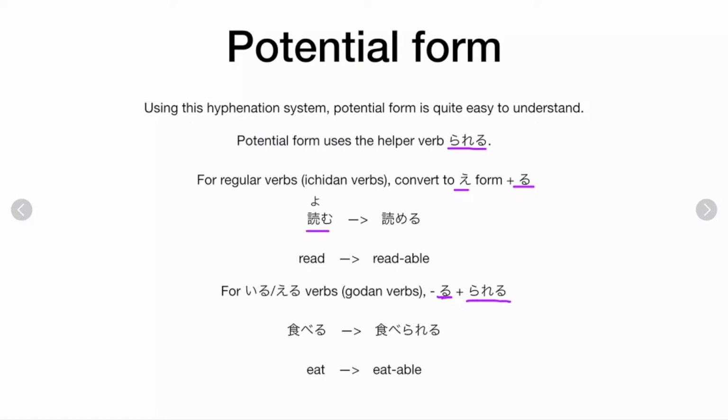So yomu, mu into a stem, yome, add ru, yomeru. This means read can, or readable. I'm going to use can in most situations rather than able because it's saying that it can be done. So yomeru is can read, which I'm going to write as read can. Taberu becomes tabe rareru, and it's the same thing. It means eat can.